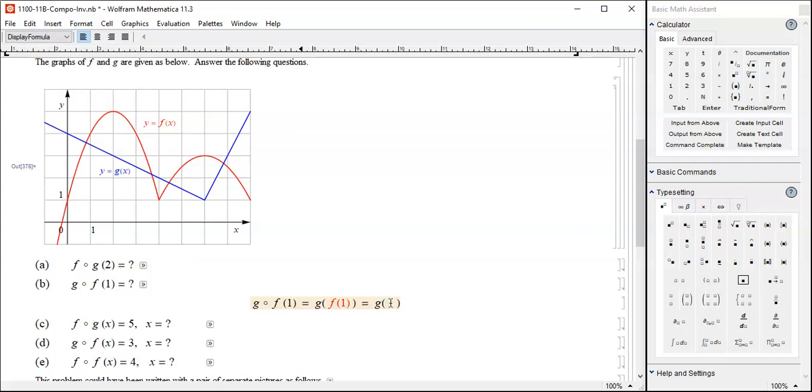I have to find out what goes here inside. So what is f of 1? x equals 1. Go up, up, up. Hit the point on the graph, and the function value is the y coordinate. What is it? It's 4, isn't it? So is that clear to everybody?